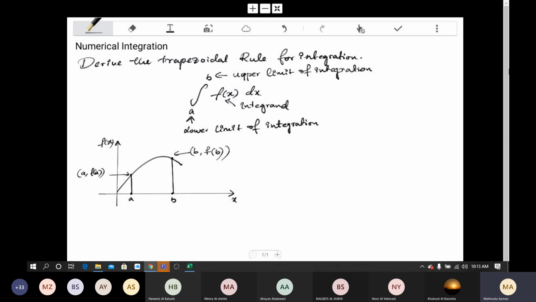So how do we approximate this? To approximate this, we will use a straight line from a to b. So we draw a straight line here, and the area under the curve, or the area of the trapezoid here, is what we approximate in the integral.